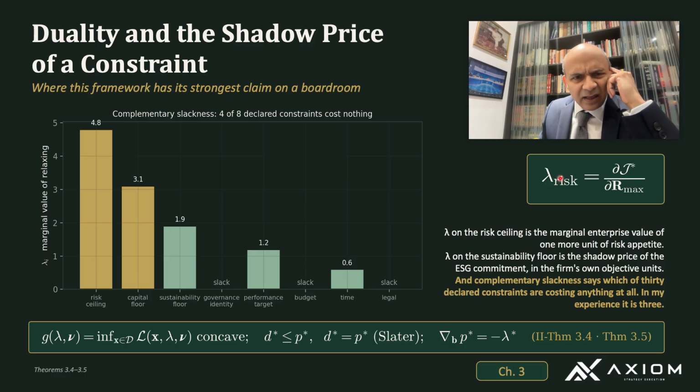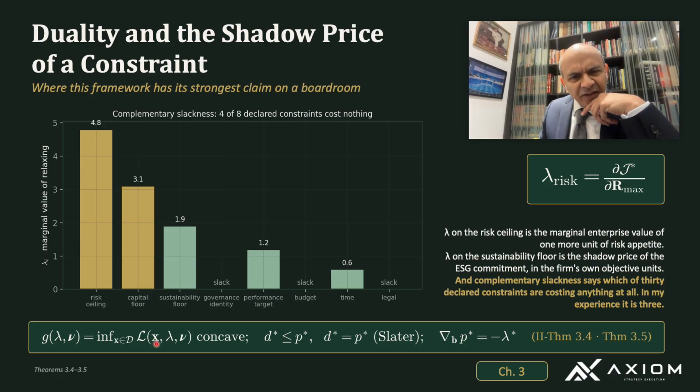So we look at this lambda risk, the dual function. Here in this equation, g is the dual function, and g of lambda and v is obtained by minimizing the Lagrangian over the primal decision variable, which is x.